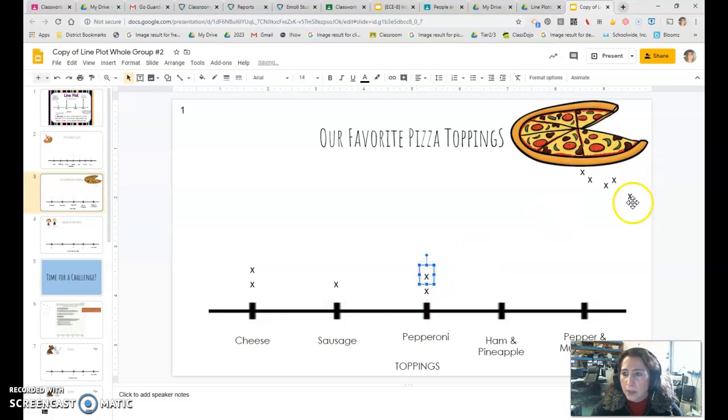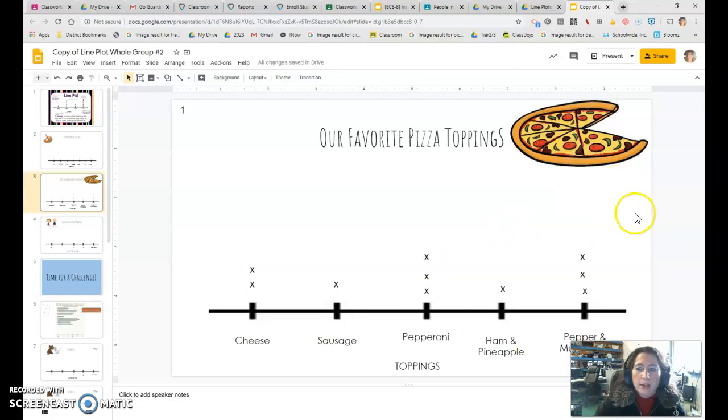We want to make sure it's lined up nicely so we can compare our data easier. So we'll say 3 people like pepperoni. We're going to say 1 person likes ham and pineapple. And we'll say 3 people like pepper and mushrooms, okay?